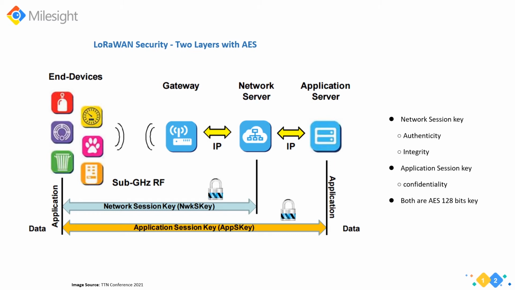In the network layer, security is provided by the network session key, and in the application layer, security is provided by the application session key. They have different functions. The authenticity and integrity of the message is guaranteed by the network session key, and the message confidentiality by the application session key. These two static keys are stored in the device and in the server.